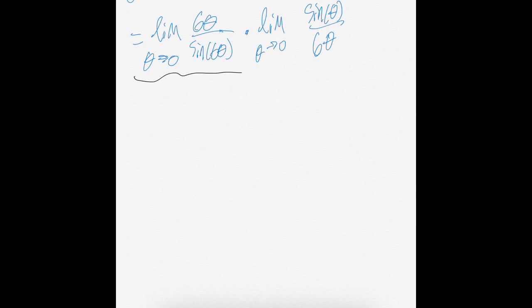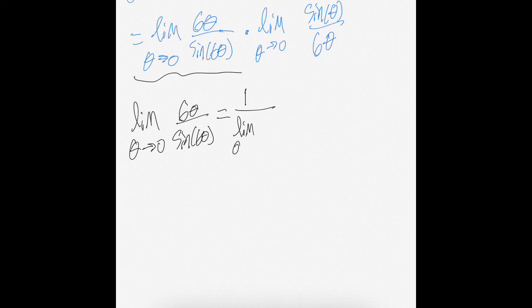Going back to the nice properties of limits, the limit as theta approaches 0 of 6 theta over sine of 6 theta is going to be 1 over the limit as theta approaches 0 of sine of 6 theta over 6 theta.